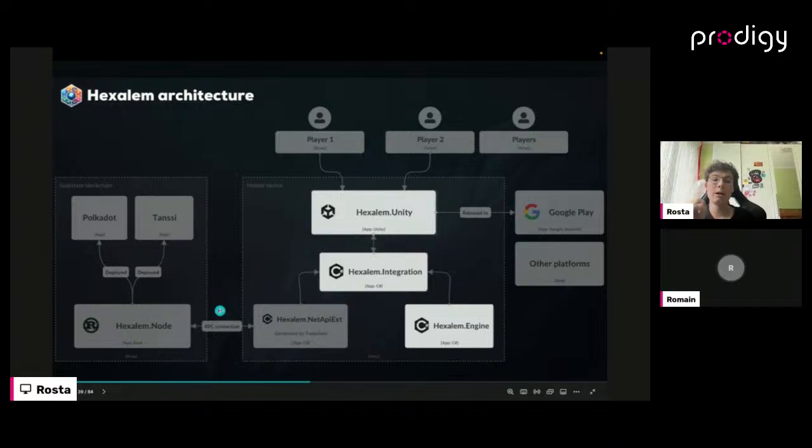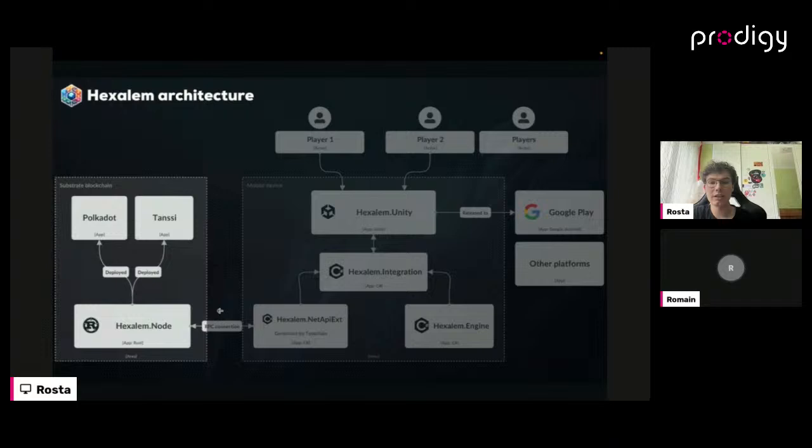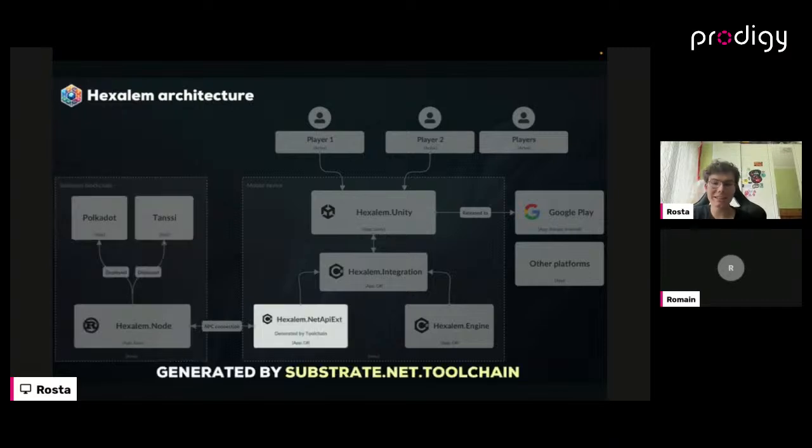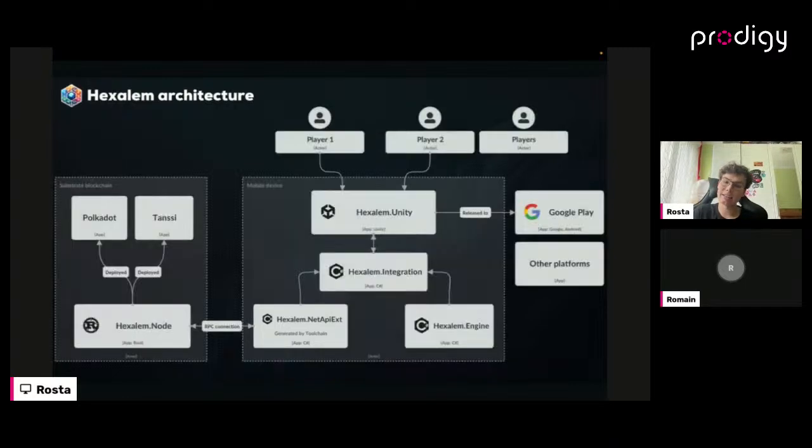So you have these three things, and maybe also the multiplayer server as a fourth one. But because we are using the blockchain, which is here, we had to make the node and deploy it to some service. Let's say we deployed it to Tansy, but we also could have deployed it to Polkadot or some other service. And then we generated the representation of that chain using the Substrate toolchain.